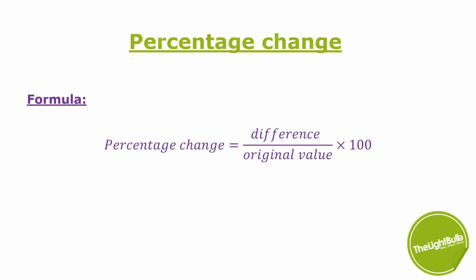So the formula is the difference between the two values divided by the original value and then times 100. I'll give you a moment to write that down. So it's the difference between the two values divided by the original value and then times 100.